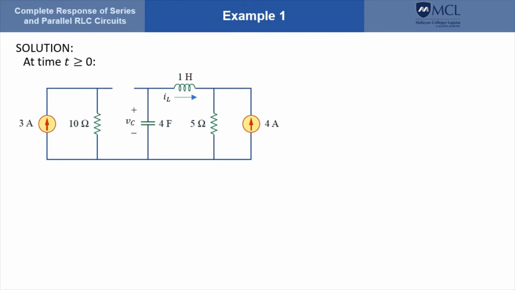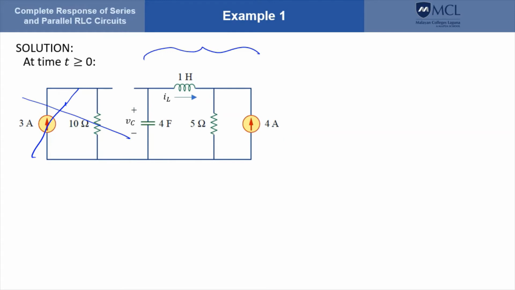The part of the circuit on the left is totally isolated from the right, so therefore we can forget about this part here and just concentrate on this part. But this part of the circuit doesn't look like a series RLC or a parallel RLC.